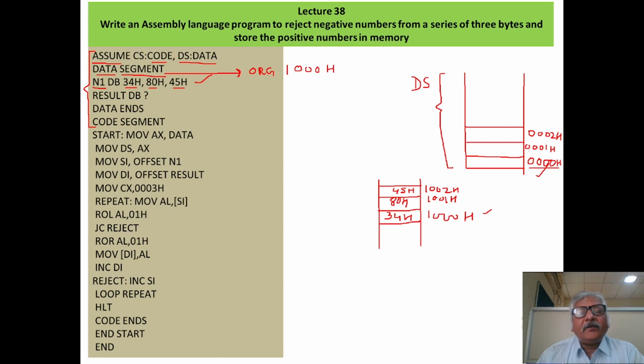So here ORG is a directive which indicates to the assembler that the offset address of the first data will be 1000H, right? So if we write it after the data segment, then my first number 34H, its offset address will become 1000H.